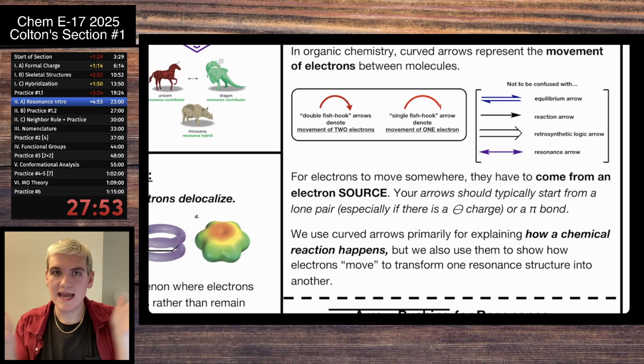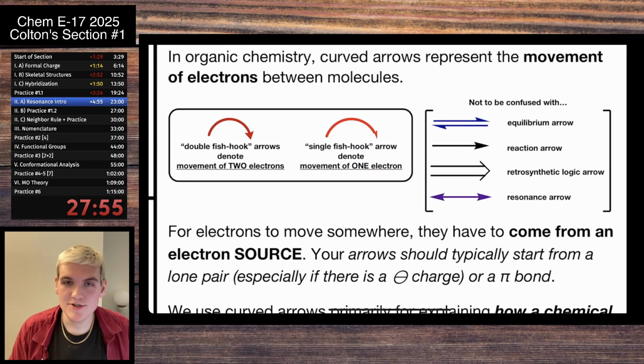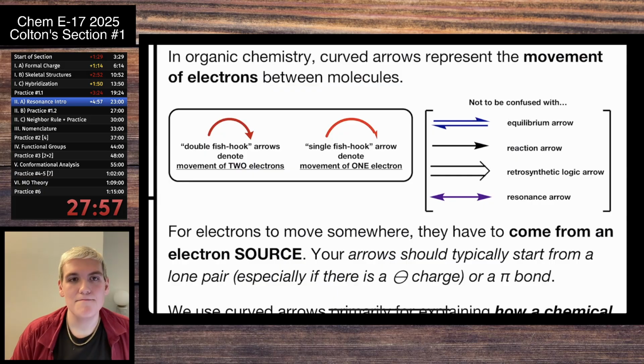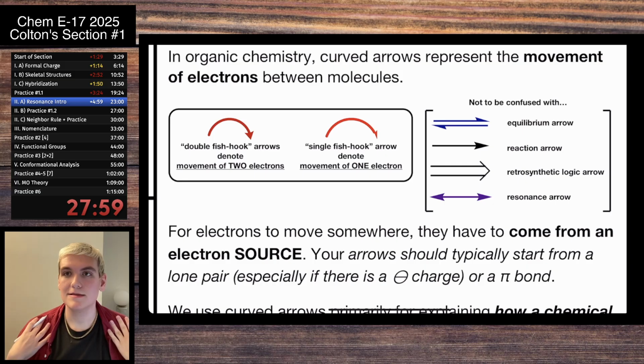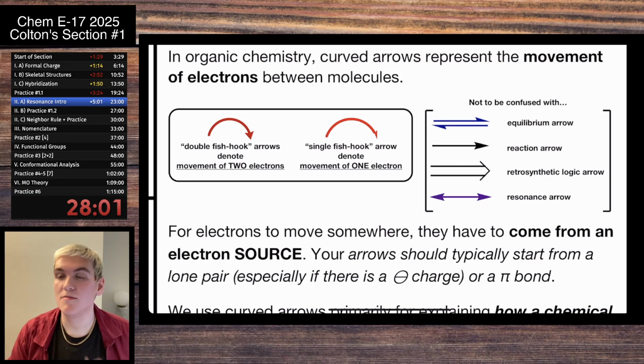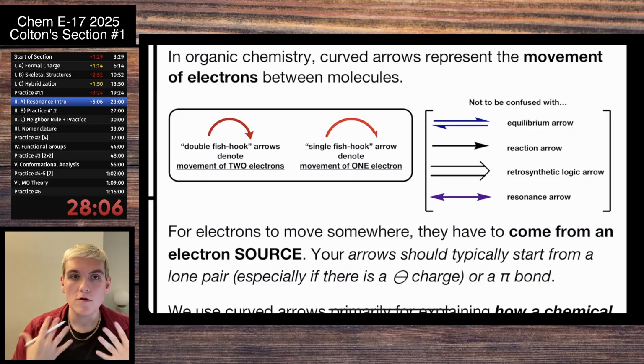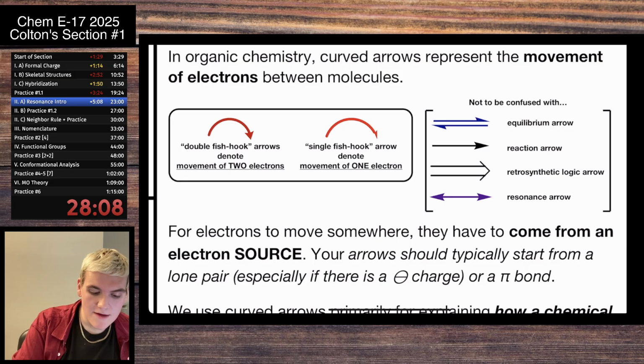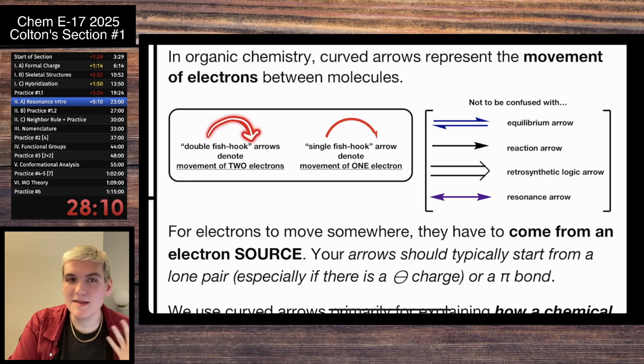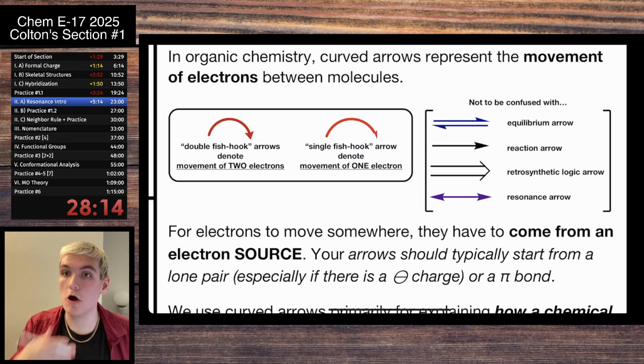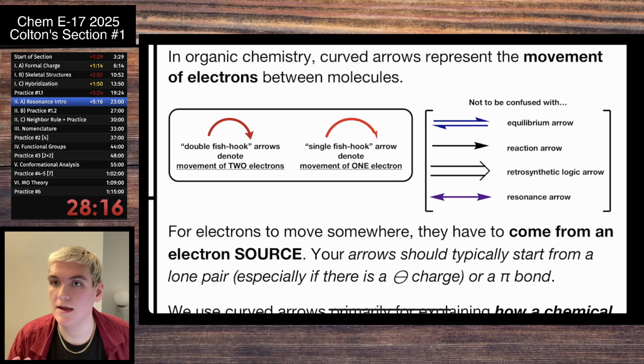So curved arrows. In organic chemistry, we have a lot of arrows. But curved arrows are really going to be our language for what is up with molecules in organic chemistry. Curved arrows show the movement of electrons. And we have to be really specific with how we draw these arrows because we're essentially making arguments for how electrons are moving.